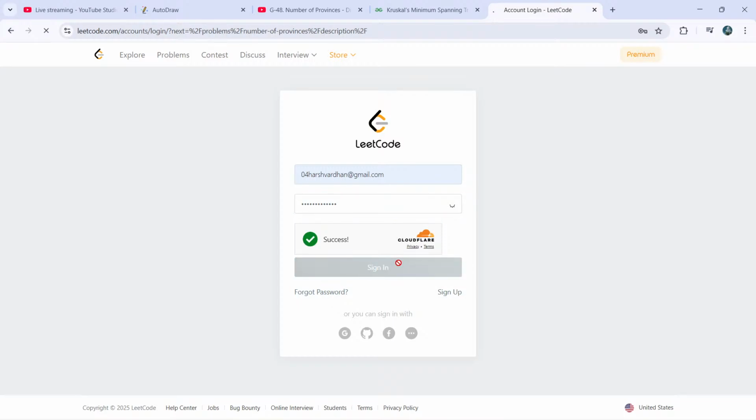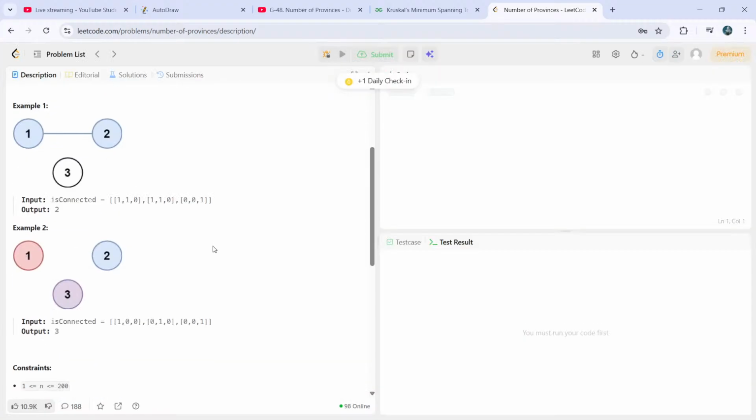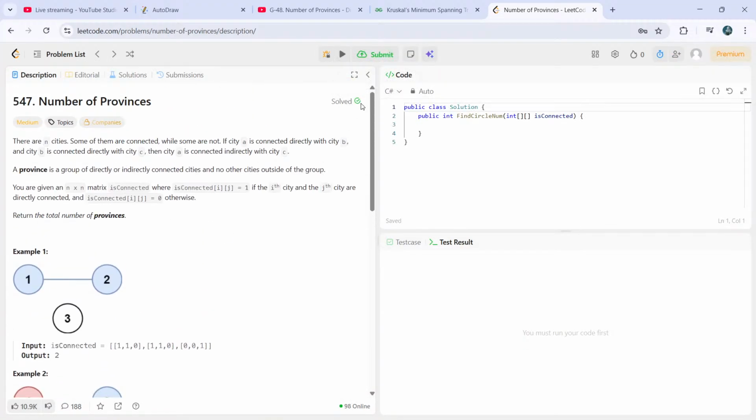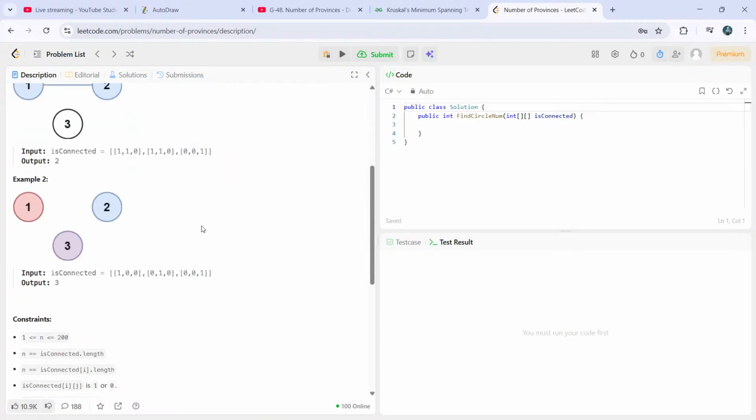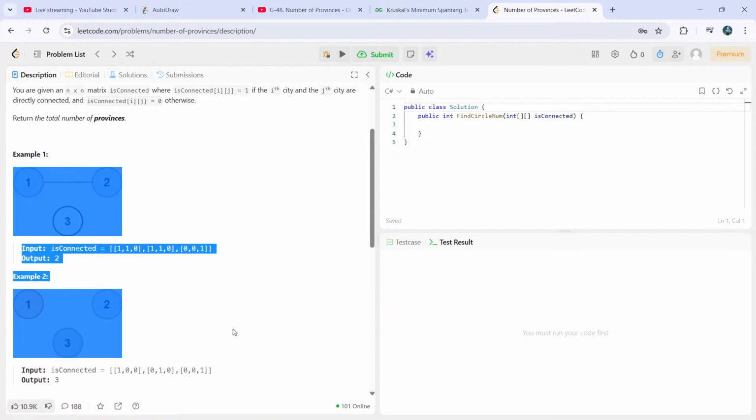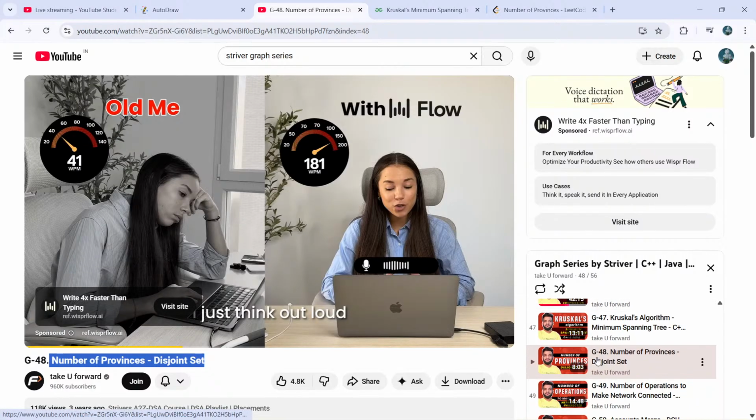Okay, so this is already solved. Should I solve this again? I don't think we need to. I think this is so simple. The simple disjoint set will solve this problem, so I don't think we need to do this again.